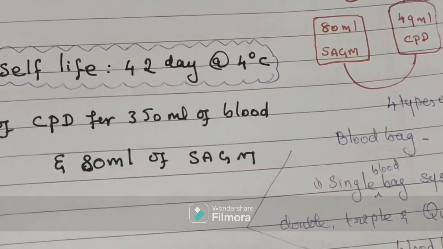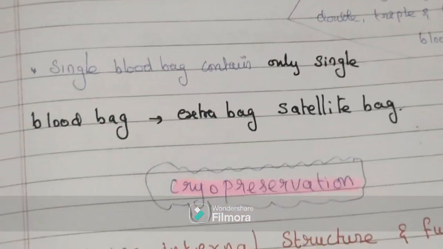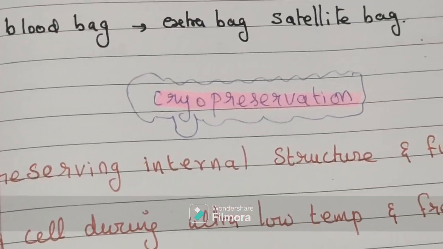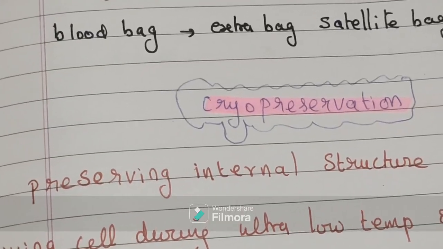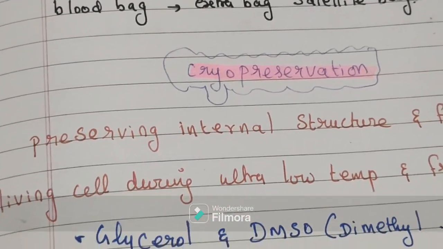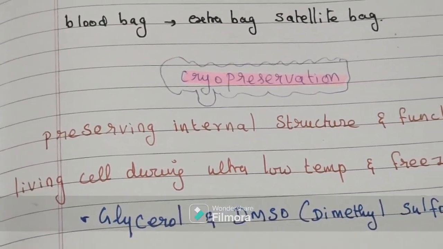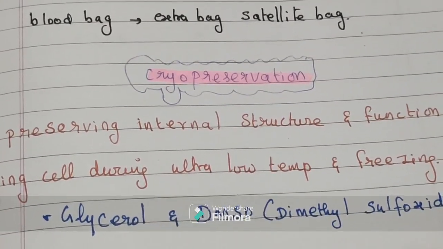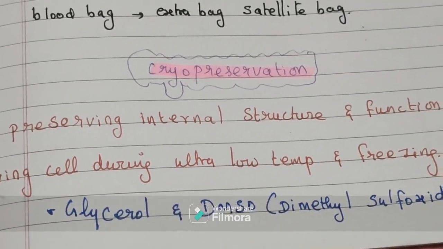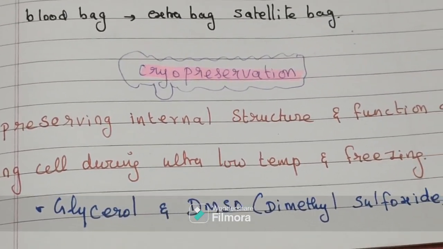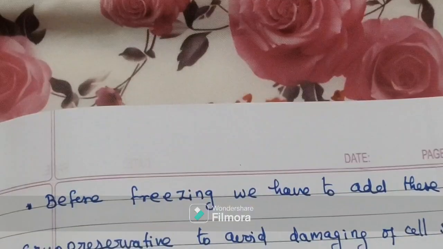For that we use a technique called cryopreservation. Cryopreservation preserves the internal structure and functions of living cells during ultra low temperature and freezing. Here we use glycerol and dimethyl sulfoxide.